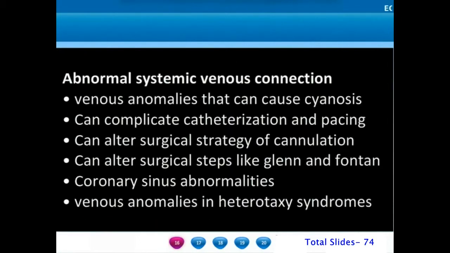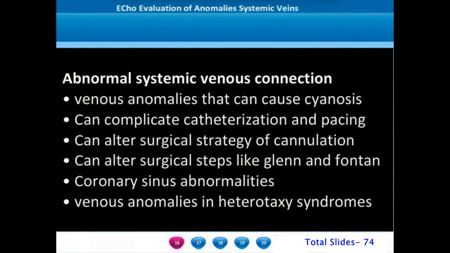Let us move on to clinically significant abnormal systemic venous connections. Some of the venous anomalies can clinically cause cyanosis. Some anomalies can complicate the procedure of cardiac catheterization and transvenous pacing. Some of them may force the surgeon to alter the surgical strategy of cannulation while going on cardiopulmonary bypass.